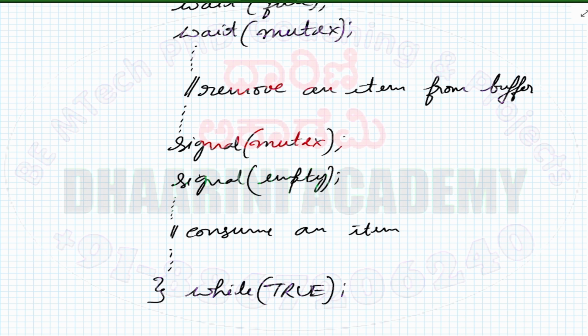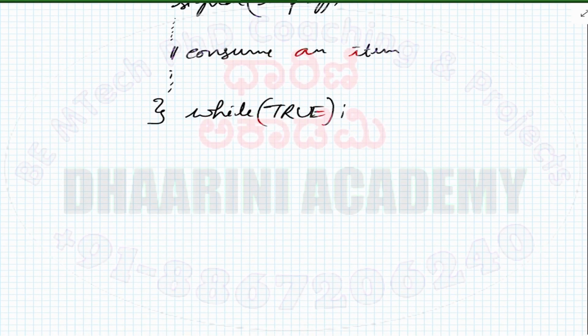By using the semaphores, now we understood that the bounded buffer problem which we had in the first place has been resolved. Okay, so this is the first problem, and by using the semaphore we are able to solve it, right?